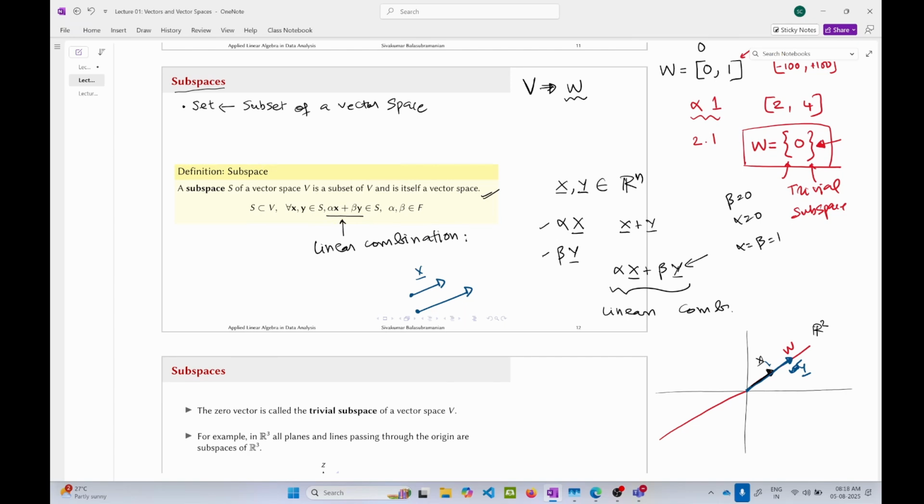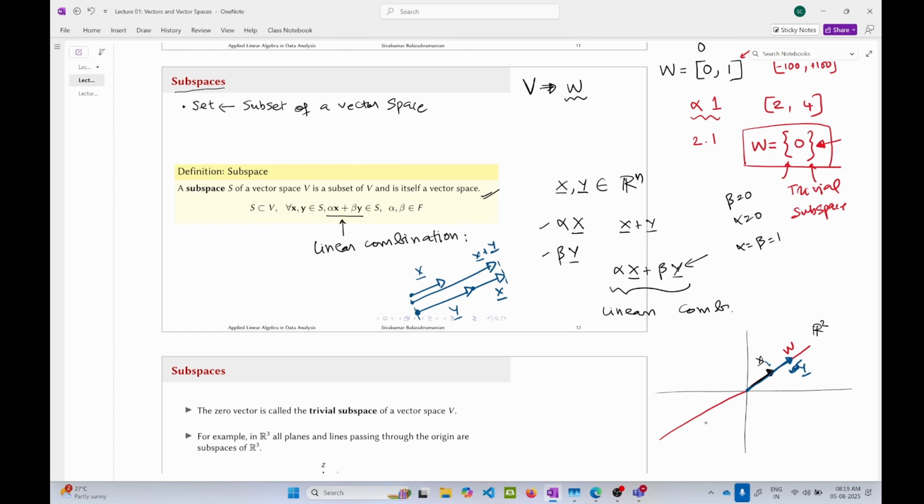I'm drawing it parallel, but these two are the same point. This is Y. To add X to Y, I simply take X, move it along Y, and place X here. Then the new vector starting from here to here is my X plus Y. Is it pointing in the same direction? It is. So it is closed under vector addition.